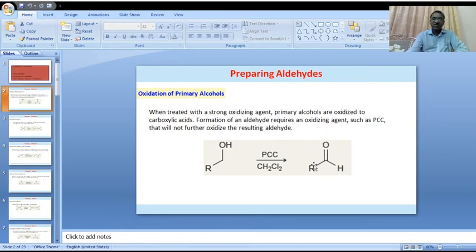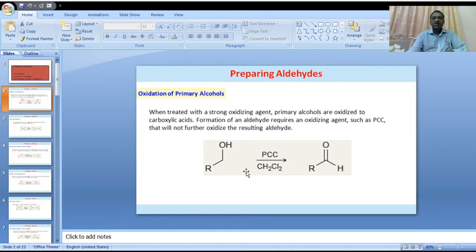Aldehydes are formed as an intermediate, which on further oxidation gives carboxylic acids. But here we are preparing only aldehydes, so we should use suitable oxidizing agents such as PCC.